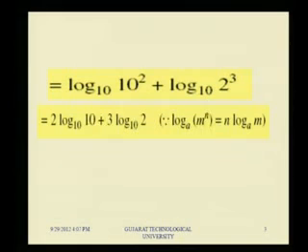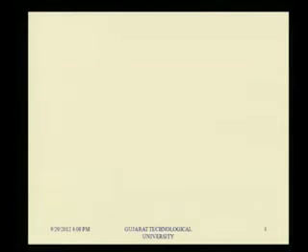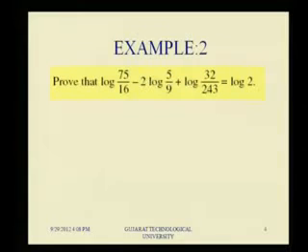Next we will apply the power property of logarithm, so that one can write 2 log base 10 of 10 plus 3 log base 10 of 2. As we know that log base a of a is 1, so this will be 2 plus 3 log base 10 of 2. Let us see the next example.